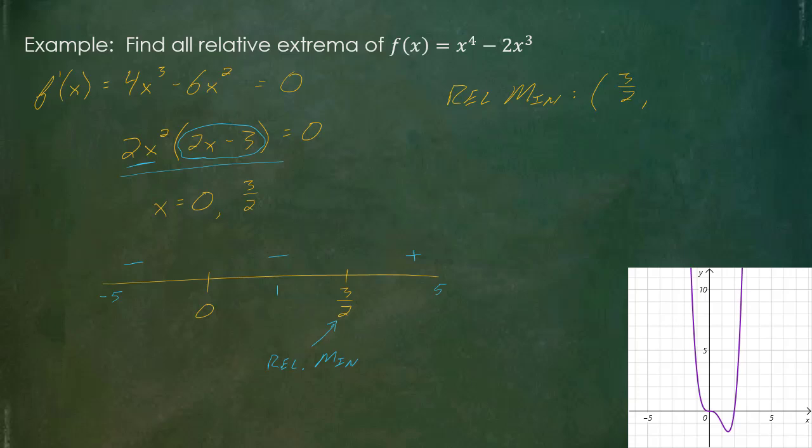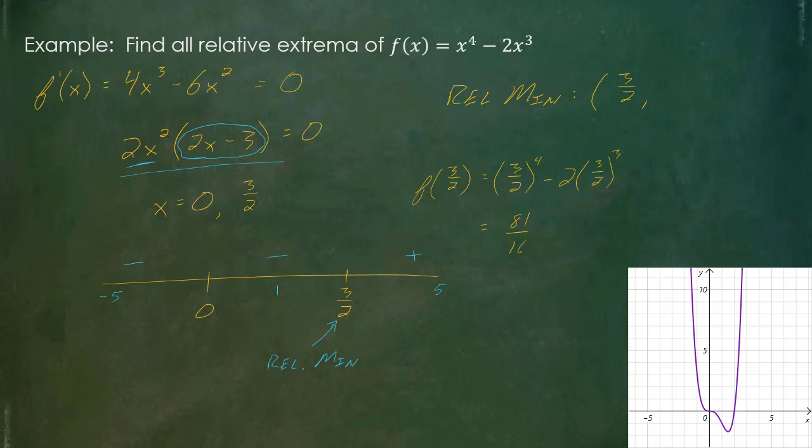Our y-coordinate is something I would have to do just by plugging it into the function, because remember all of the y's always come from the original. So this one would be 3 halves to the 4th power, then take away 2 times 3 halves cubed. And so we could go ahead and simplify this.